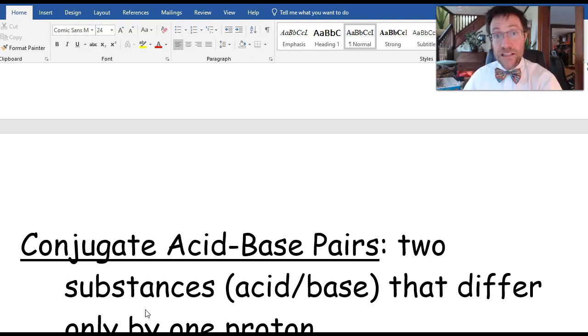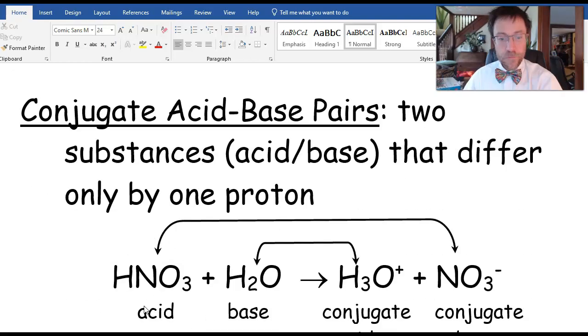So what that sets us up for is this idea of a conjugate acid-base pair. Here's the deal. A conjugate acid-base pair is two different substances that differ by one proton. It's the only difference. Okay?